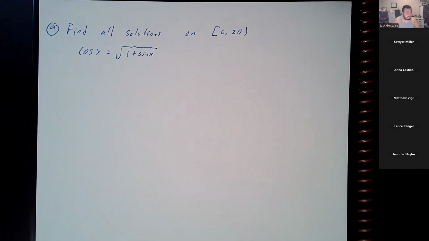Maybe square it, because it's looking scary right now. Yeah, it looks gross. So let's square it.